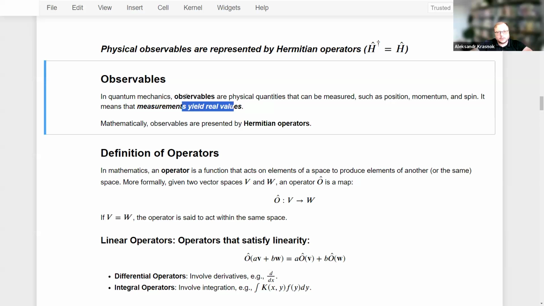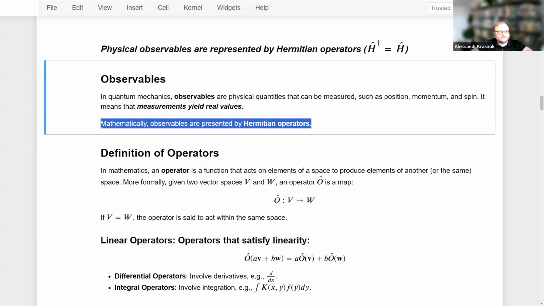Okay, so real valued. We never measure complex valued numbers in experiment, only real values. And mathematically, these quantities with real values are represented by Hermitian operators.